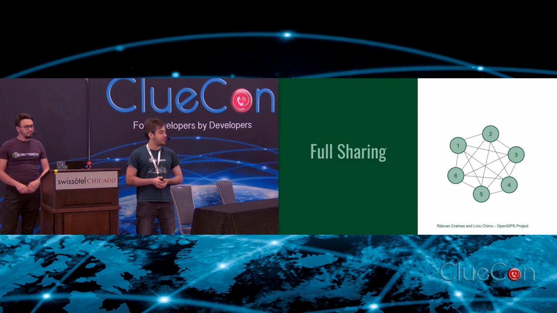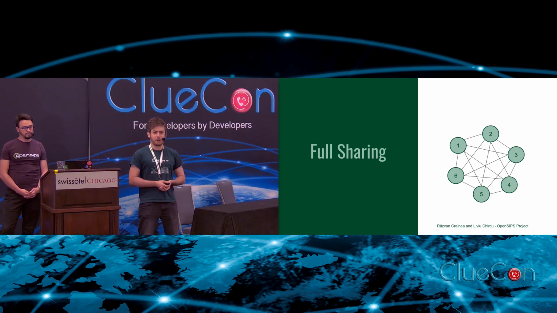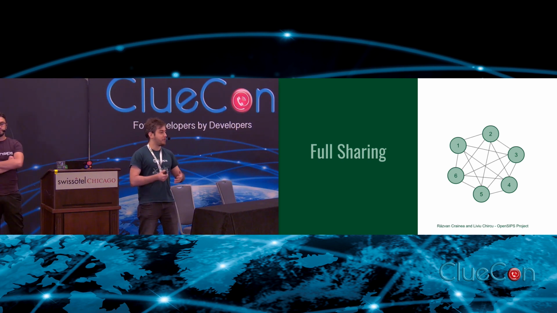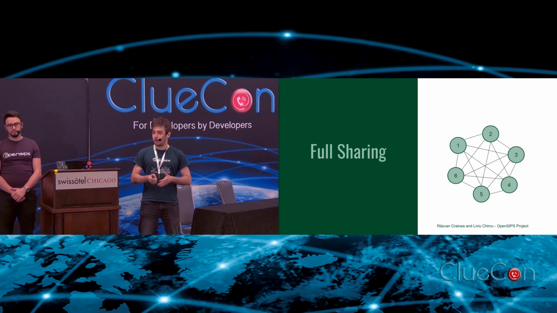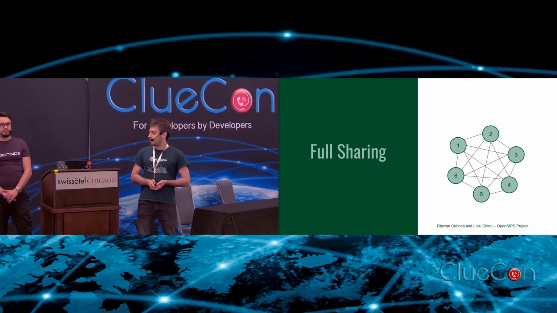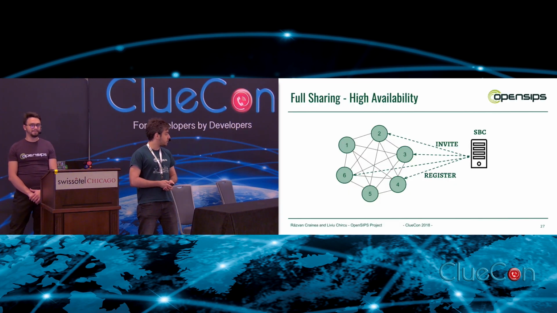One of the first data sharing models is easy to grasp. It's full sharing. We simply assume we have a cluster of nodes that are homogeneous. They have the same data set, and whatever registrations come on one node, they get distributed to all others.